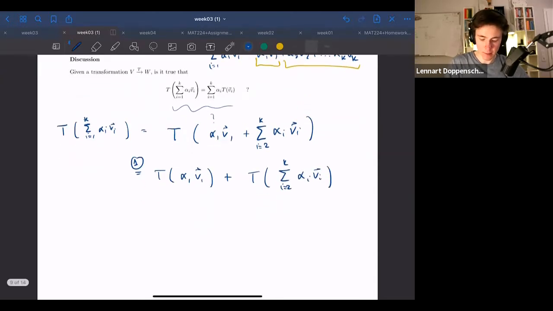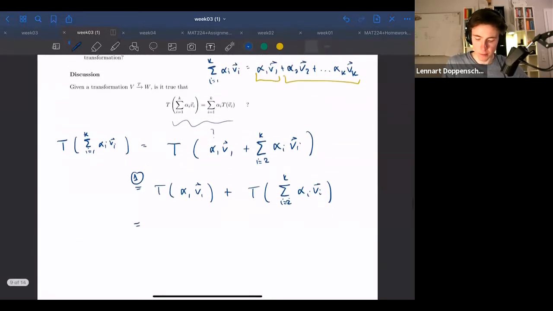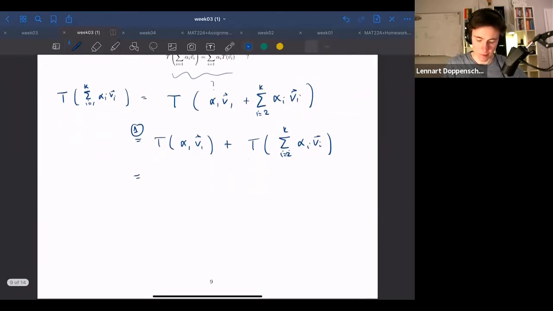Okay, how many times do we need to repeat this? I mean, we just see that this is now a sum with k minus 1 summands here, and when we do this more times, to be precise, k minus 1 times, we actually have this all written out.